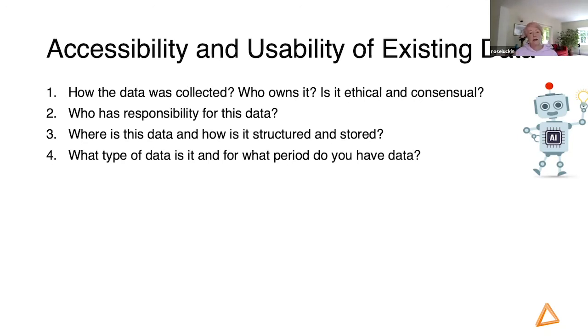So you need to think about how easy it is to access and how usable that data is. You also need to think about how that data was collected, who owns that data, was the collection ethical and consensual, and does the owner of that data know how to store that data safely, correctly, to protect people's privacy and data? Who's responsible for that data?